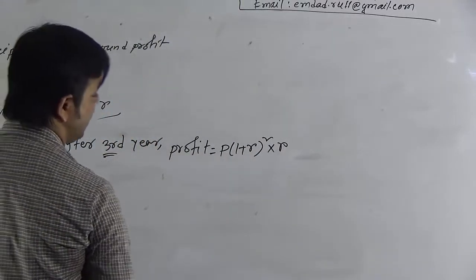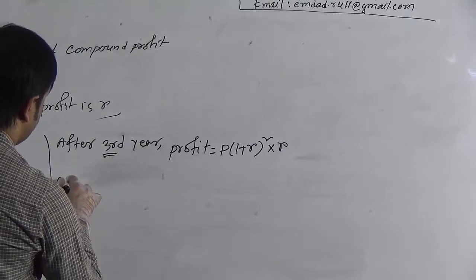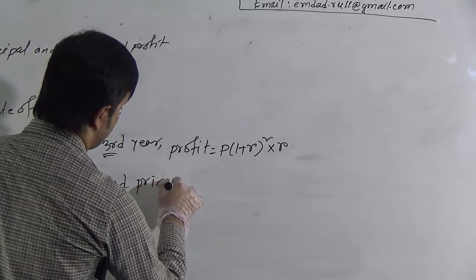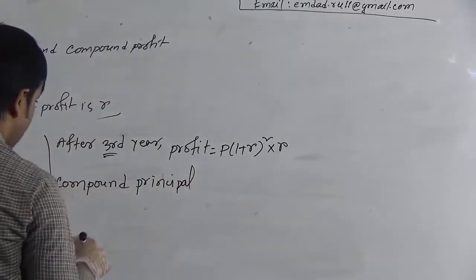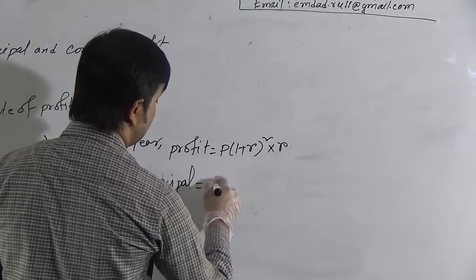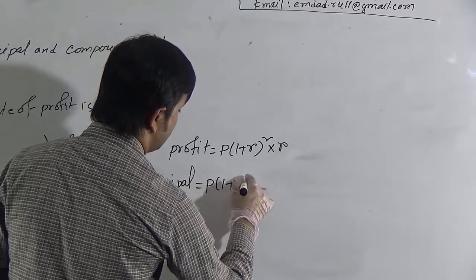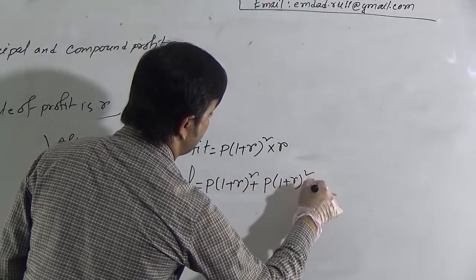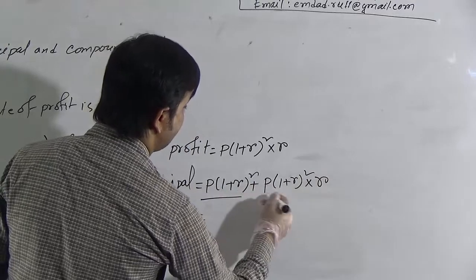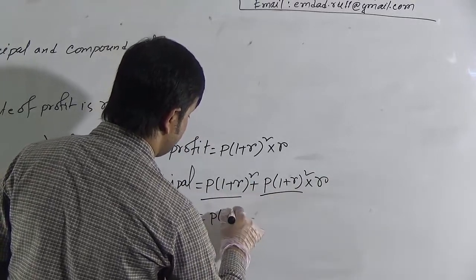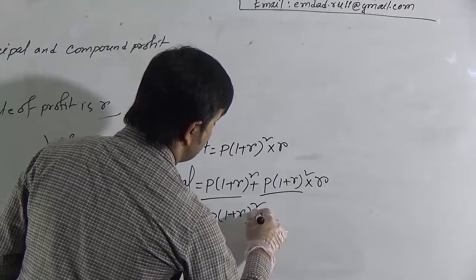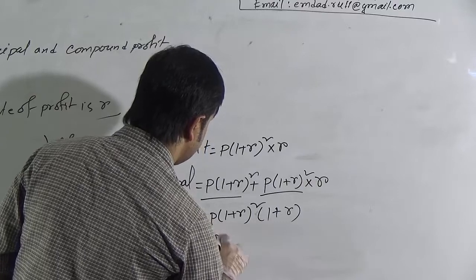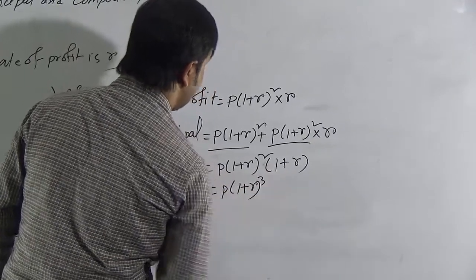Third year means only 1 year here. So we can write compound principal equal to P into 1 plus R whole square plus P into 1 plus R whole square into R. Now we can take common P into 1 plus R whole square. Here remaining 1 plus R, so we can write this P into 1 plus R whole cube.